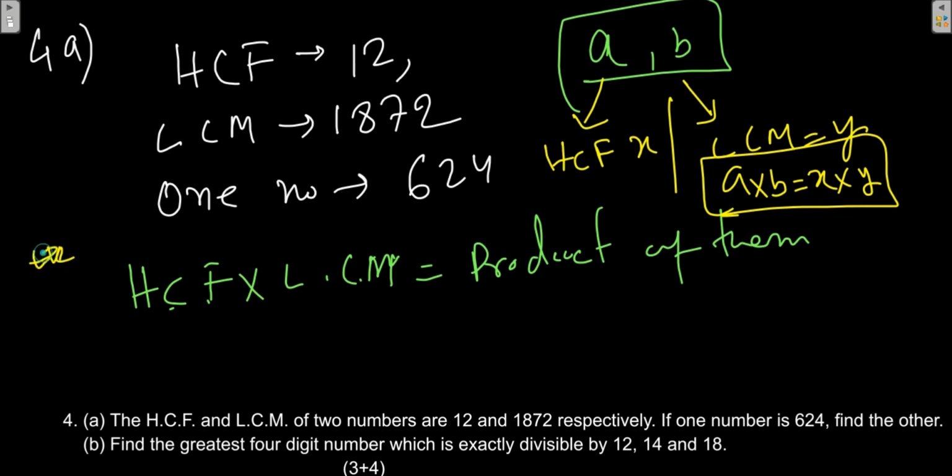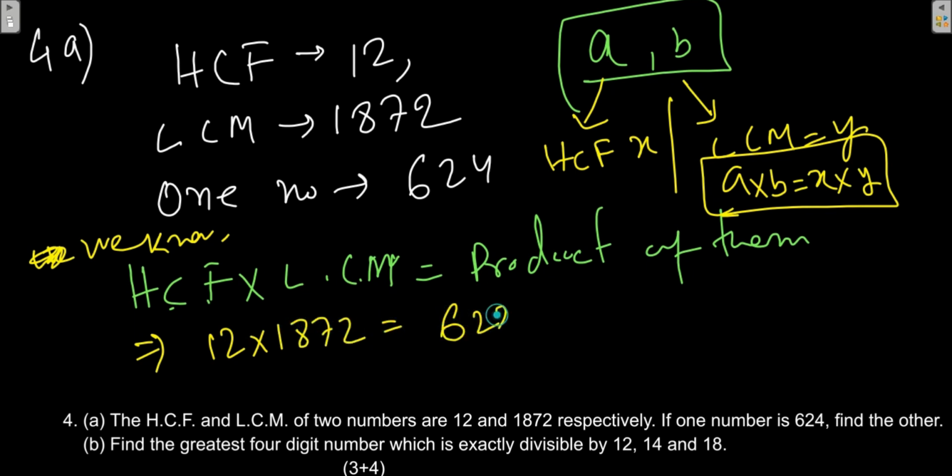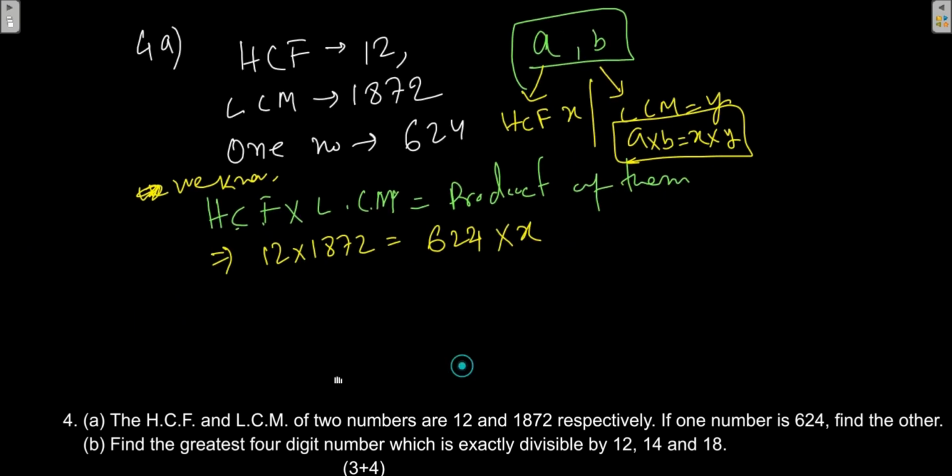So we know that HCF into LCM equals the product of the numbers. Let's put everything in. HCF is 12, LCM is 1872. Achha, product of the numbers, I know one, I don't know the other one, so let it be X. As you know how to solve this, 624, as it is in product form, when it changes side, it will be in divided form.